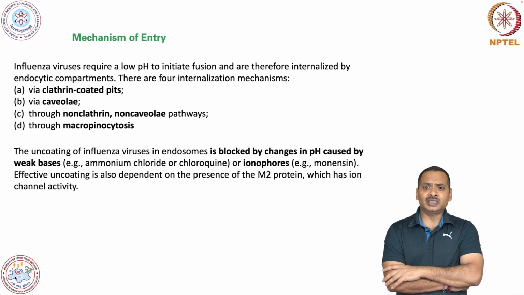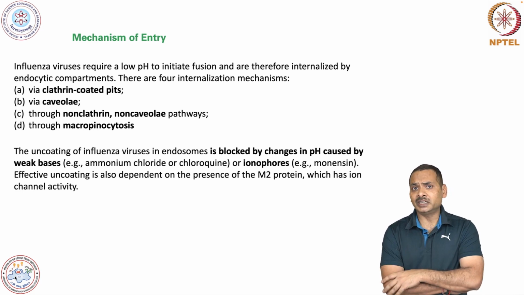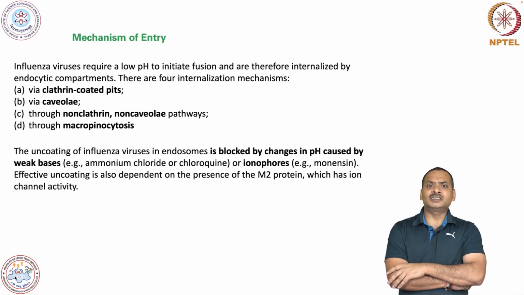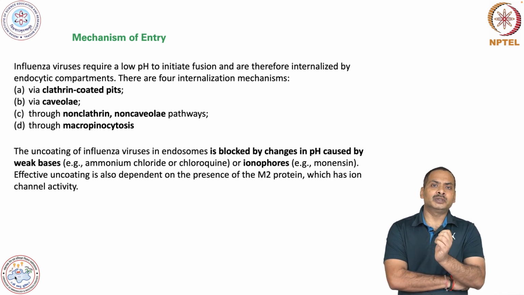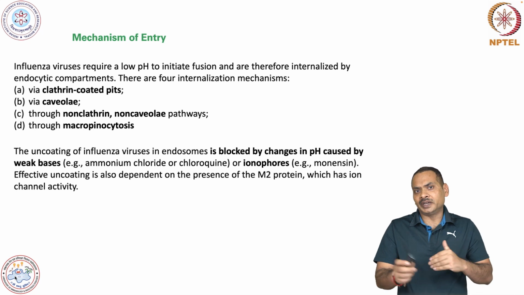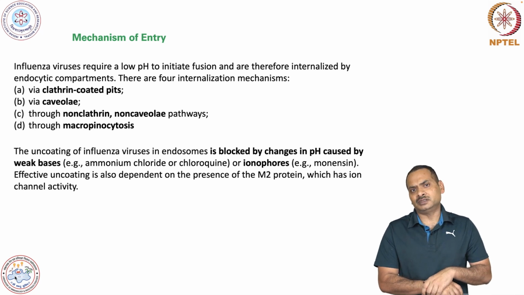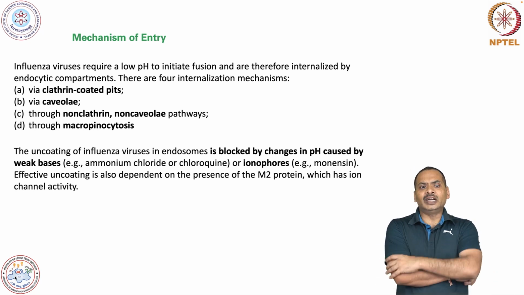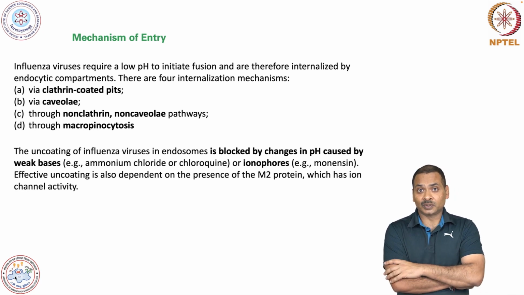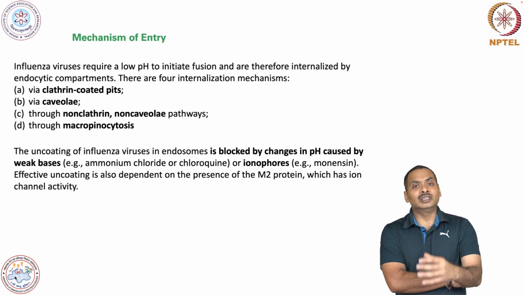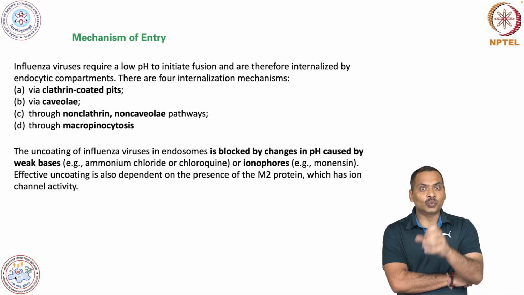Probably you are aware, if you have studied biochemistry, that monensin can also be used. This will just disrupt the ion transportation. So, in that way one can control the entry or release of RNP from the viruses.